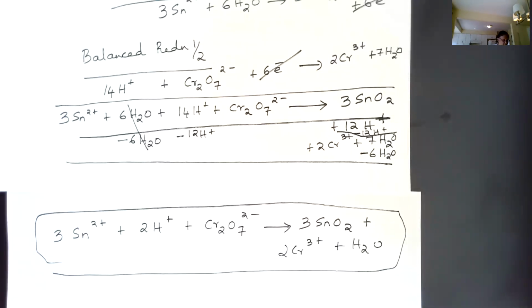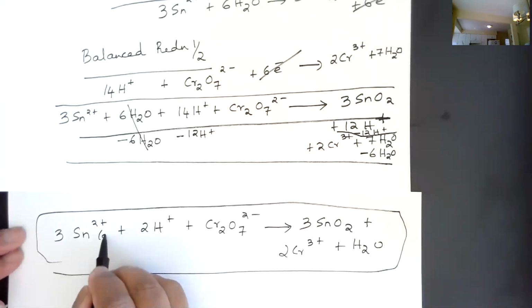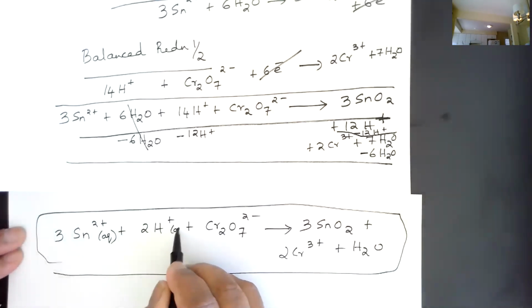Any questions? Do we have to include the state symbols? Say that again? Do we have to include the state symbols, the aqueous, liquid, or solid? Yes, theoretically, yes, you're right.